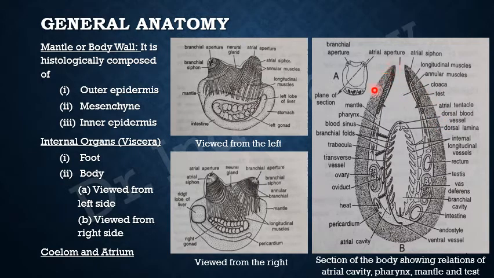Here you can see the outer covering, which is a dotted thick structure, this whole thing. This is showing the test, the outer covering, and this test is secreted by a muscular layer which is known as mental. And here where the pointer is running now, this is the mental of the animal.